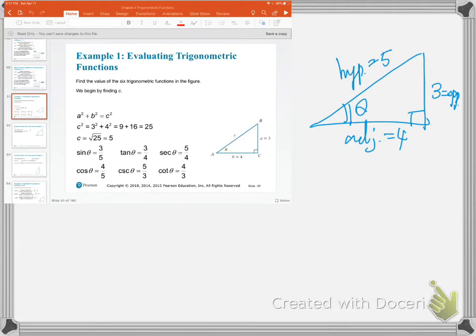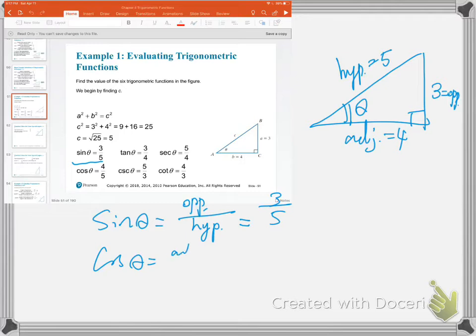Now let's write down sine. Sine is opposite over hypotenuse, so this is 3 over 5. Cosine is adjacent over hypotenuse, so 4 over 5.